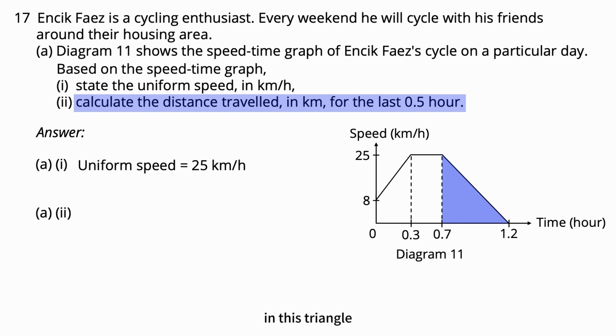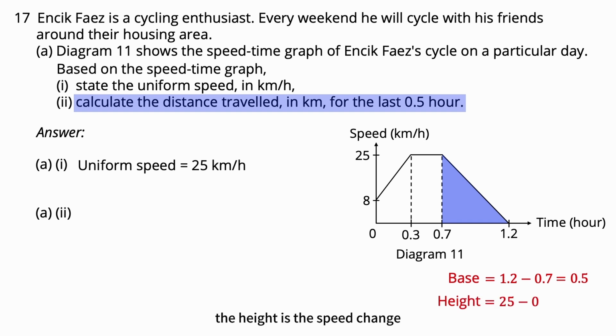In this triangle, the base is the time interval from 0.7 to 1.2 hours. 1.2 minus 0.7 is equal to 0.5 hours. The height is the speed change from 25 kilometers per hour to 0 kilometers per hour, which equals 25 kilometers per hour.